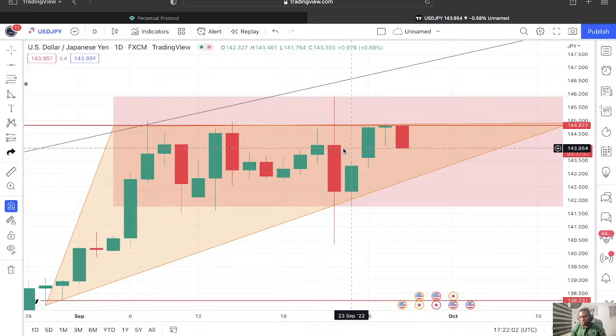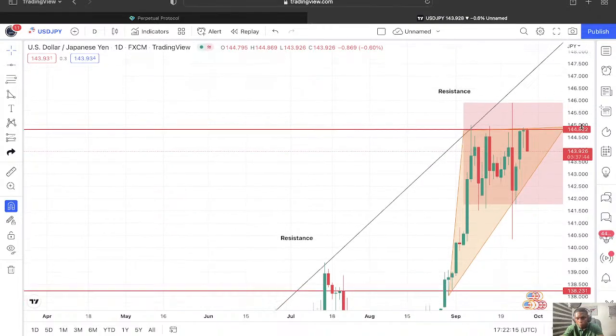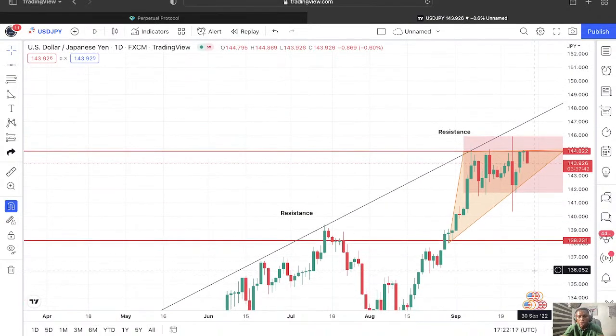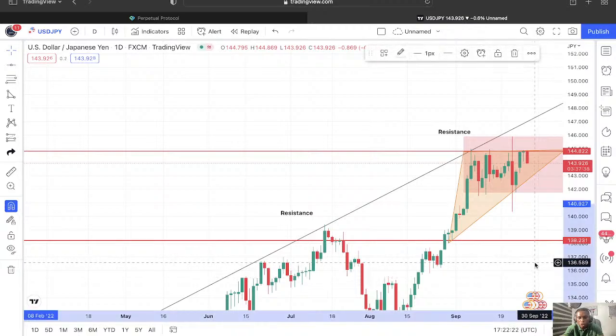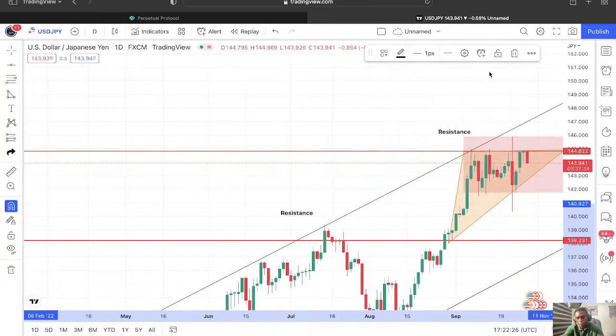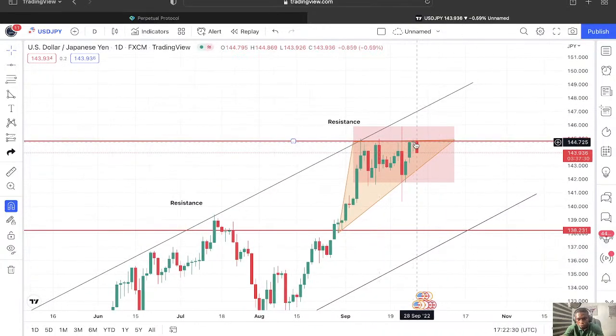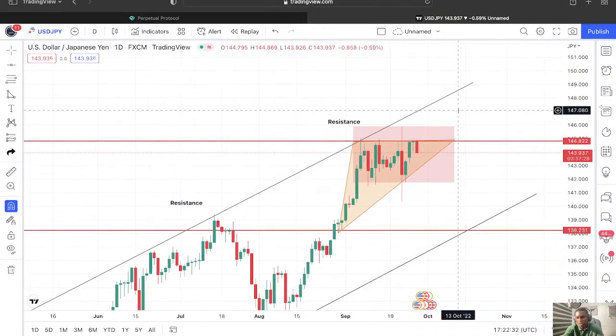So the moment price has its way from here, it's going to be a bullish move. It's going to be a bullish move away from the resistance zone. All right, it's going to break through the resistance zone. Once price breaks through, it will break through the resistance zone.